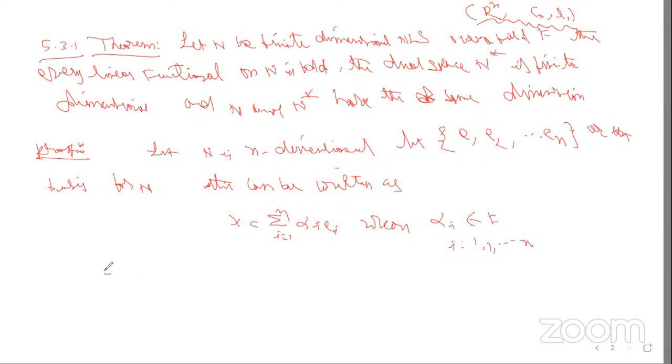This follows that the norm of x1 equal to the sum from i equal to 1 to n of mod alpha i is a norm on capital N. N is a normal linear space. Next, two norms on a finite dimensional space we already discussed are equivalent.